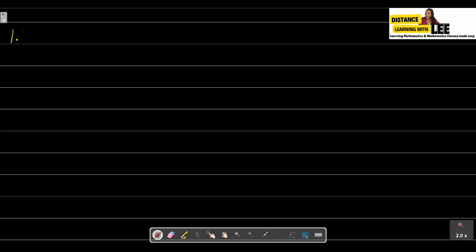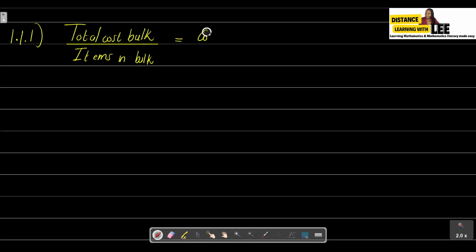For question 1.1.1, you take the total cost in bulk divided by the items in bulk to give us the cost for one item. So what was the total cost in bulk for the 6 yogurts? For 6 yogurts, Yvette pays 10 rand and 99 cents.